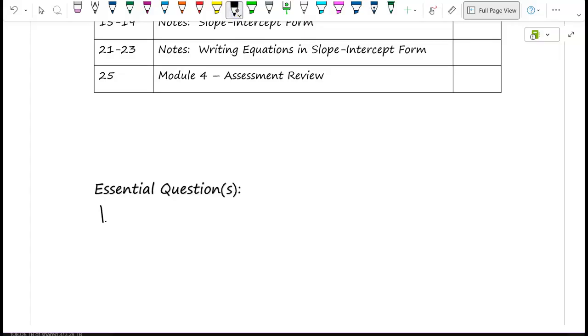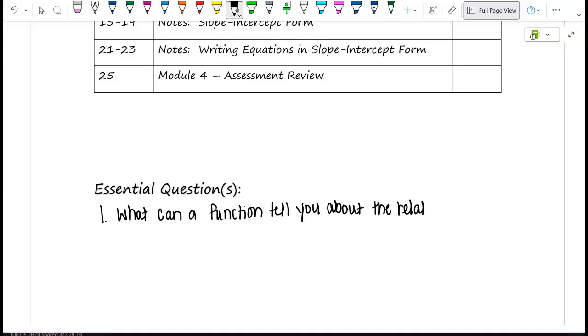The first one being, what can a function tell you about the relationship that it represents?